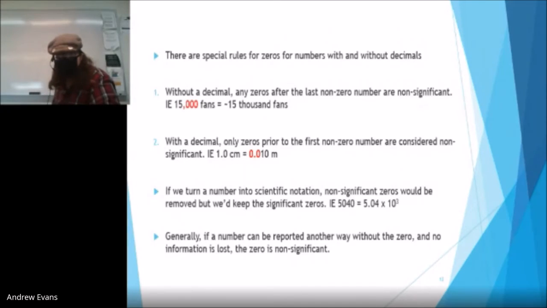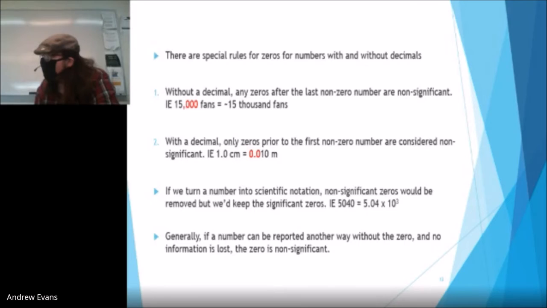If I'm looking at a decimal, like the bug is 1.0 centimeter, and I want to turn that into meters, and I have a decimal, 0.010 meters. When you have a decimal, you find the first non-zero number and you go right. So without a decimal, we take the last non-zero and we go left.